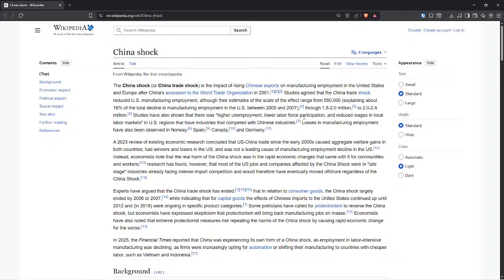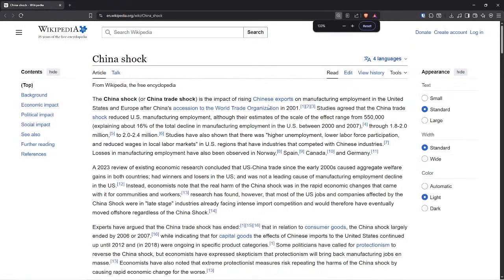The China trade shock is the impact of rising Chinese exports on manufacturing employment. Studies agreed that the China trade shock reduced U.S. manufacturing employment, although their estimates of the scale of the effect range from 550,000, explaining about 16% of the total decline in manufacturing employment in the U.S. between 2000 and 2007, through 1.8 million to 2.4 million.